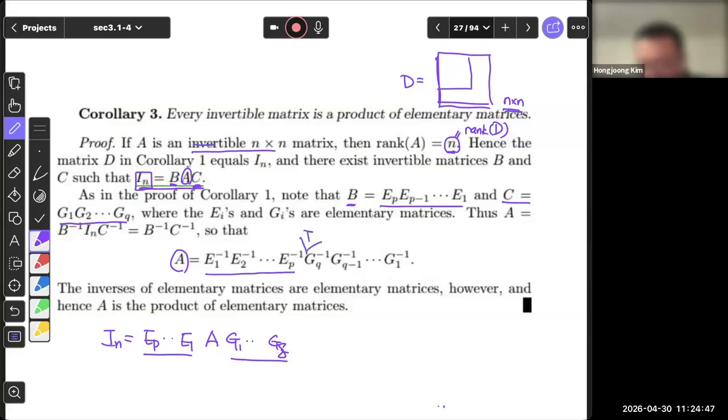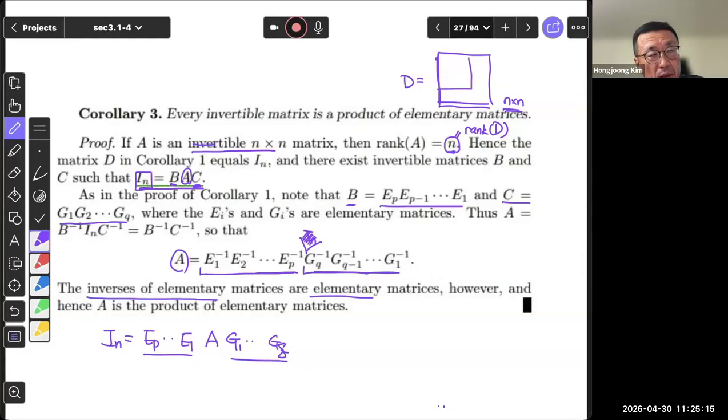So if I multiply their inverse matrices, then A is the product of these. Actually there was an identity matrix between these two, but since you are multiplying some matrices to an identity matrix, this identity matrix is meaningless. So A can be written as a product of inverses of elementary matrices. And please note that the inverse of an elementary matrix is also an elementary matrix.